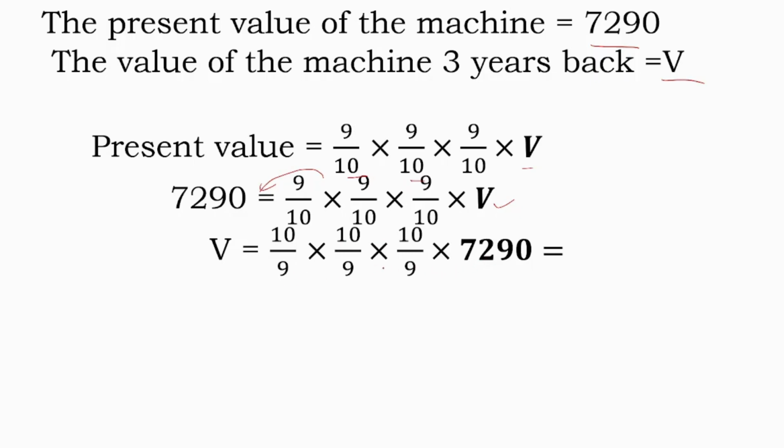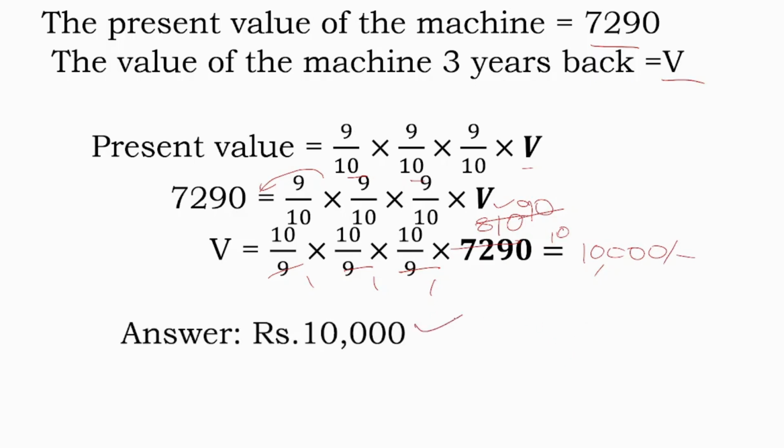If you make the cancellation, 9 eights are 72, 9 ones are 9, 0 remains there; 9 nines are 81, 0 remains; 9 ones are 9, 9 tens are 90. So 10 into 10 is 100, into 10 is 1,000, into 10 is 10,000. So the value of the machine 3 years back was 10,000 rupees. So the answer is 10,000 rupees.